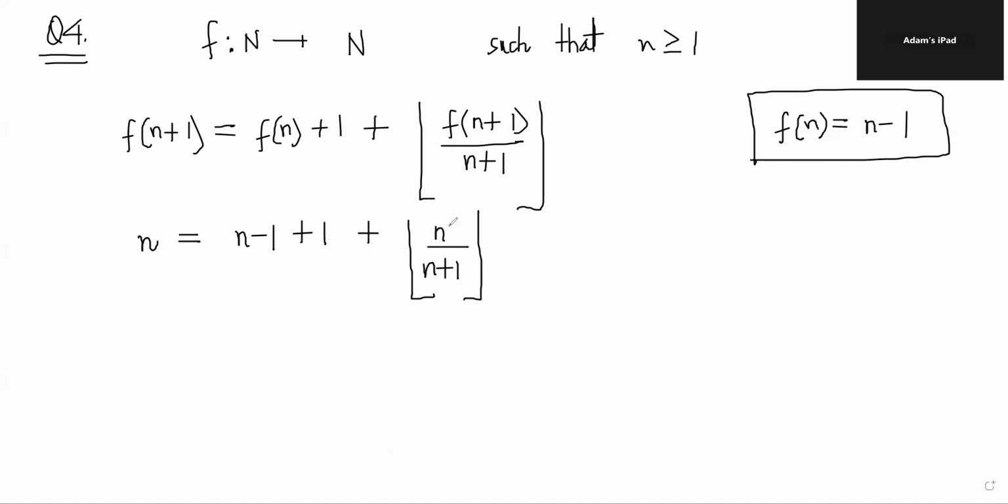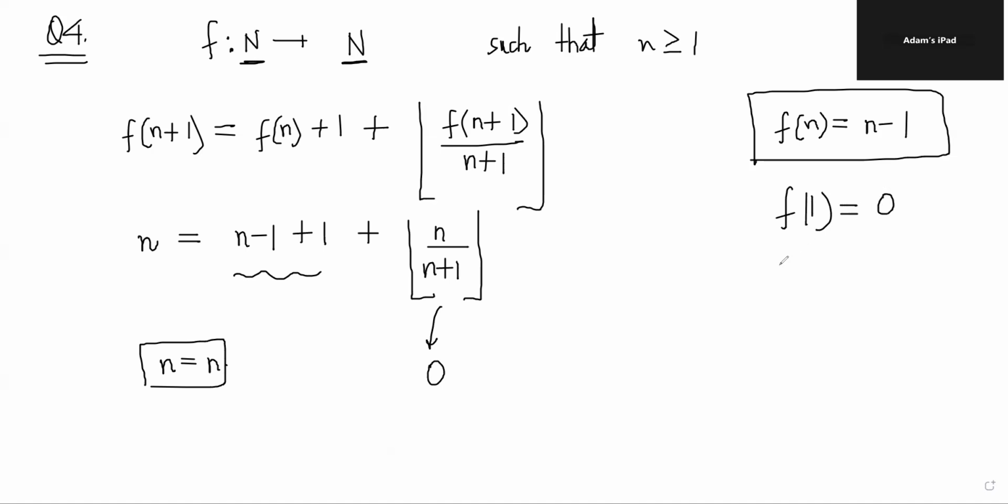See, this is lesser than 1, so this becomes 0 and it is fitting. The problem with this solution is that the function was defined from N to N, but then f of 1 is going to be wrong. So f of 1 doesn't fit here.